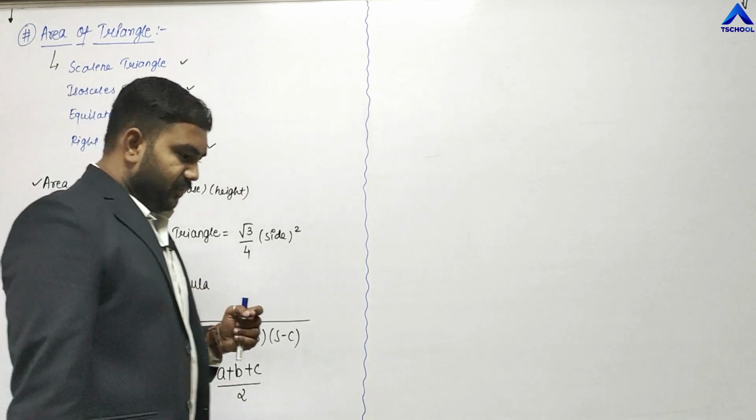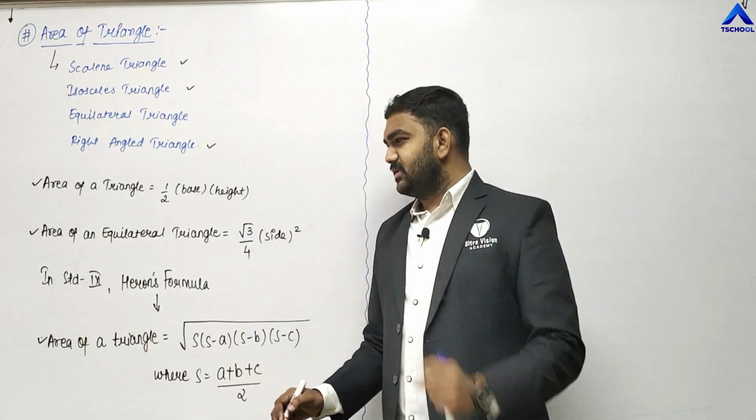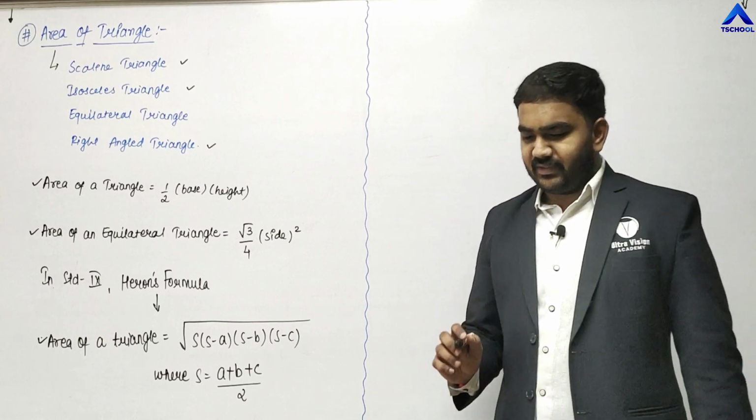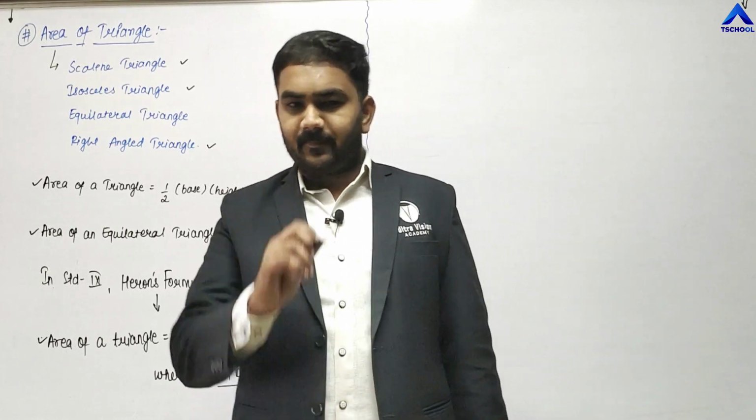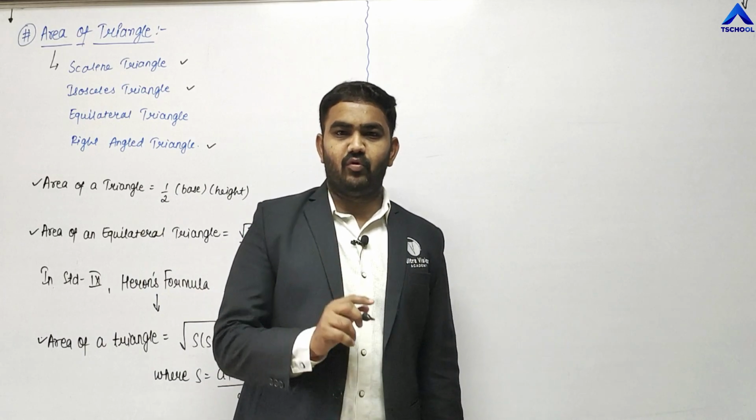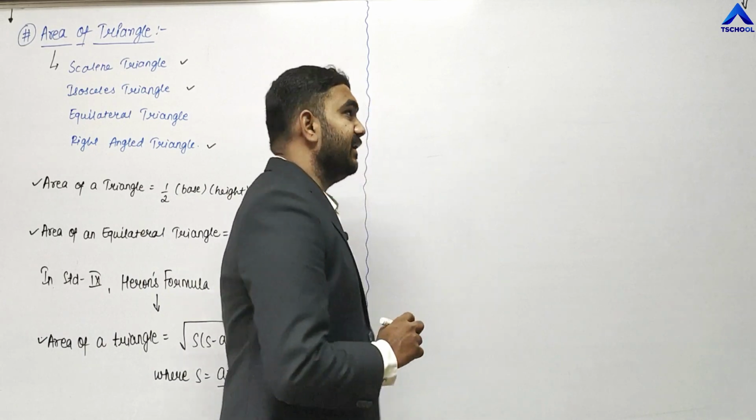But in this chapter, we are going to discuss such triangles where the length of the sides will not be given, but we will be given the coordinates of the vertices of the triangle.